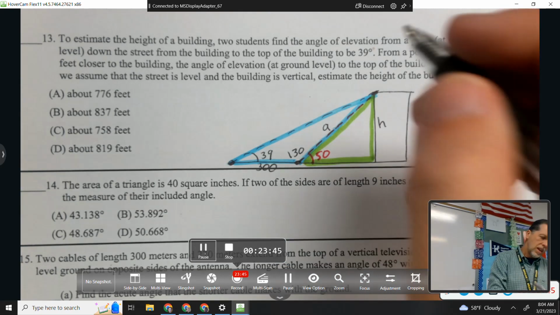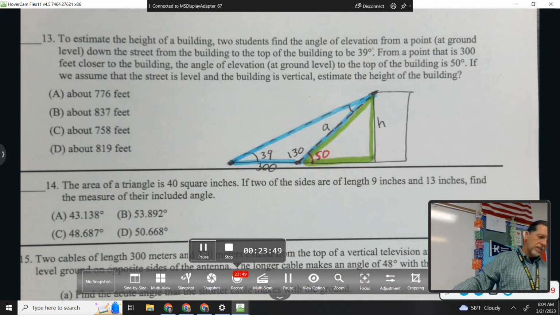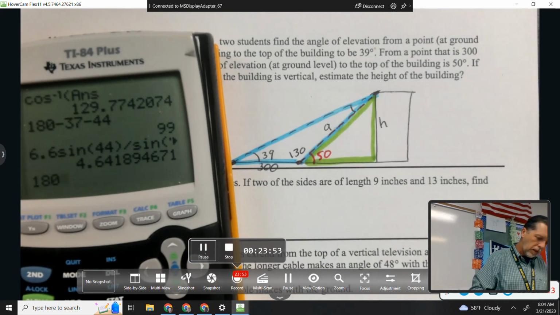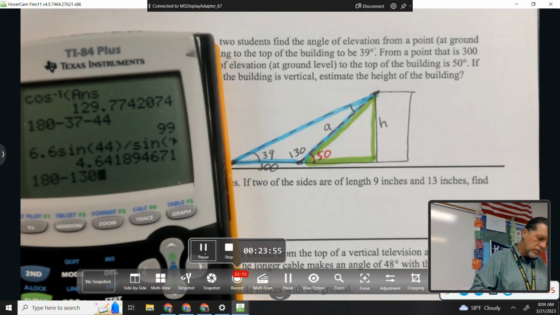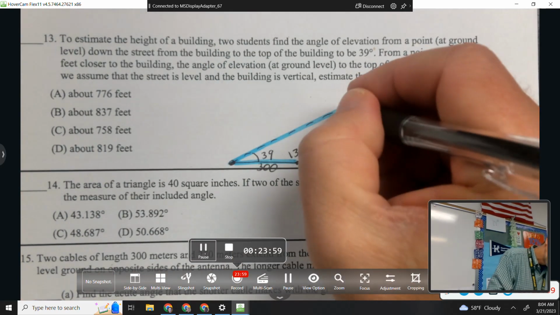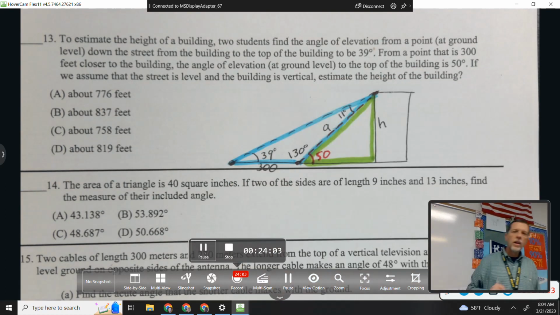And then this top angle I can find, 180 minus the other two. It's 11. Okay, now I think I'm good.